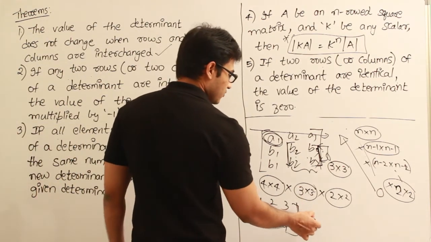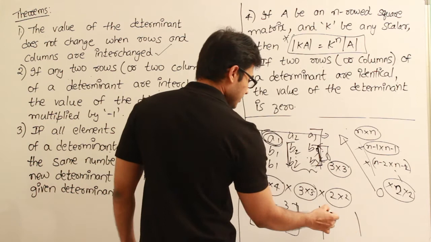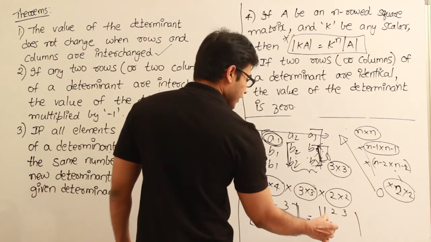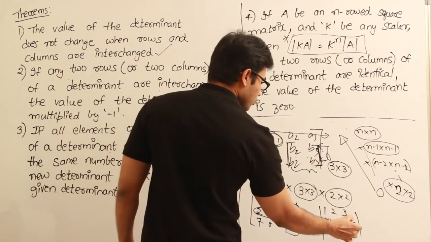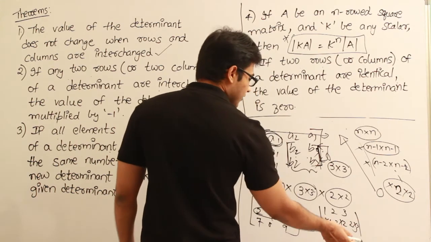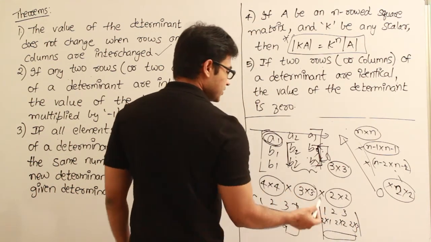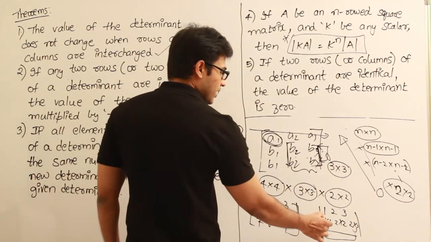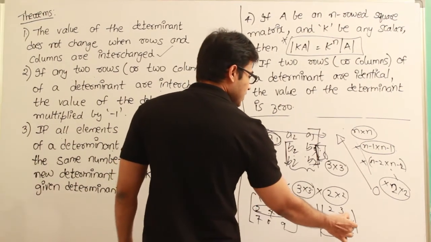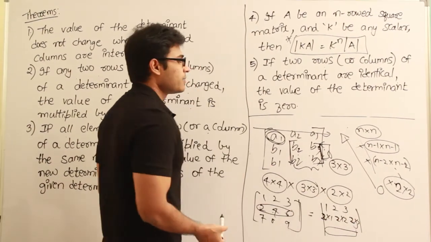So if you are trying to find the determinant, you can write it like this: 1, 2, 3, then 2 into 1, 2 into 2, 2 into 3, right? There is some third row also, that is not important here. And now you have already seen that every element of the row is multiplied by k.